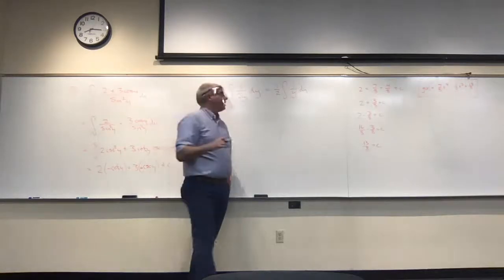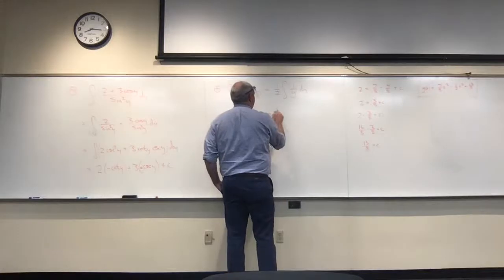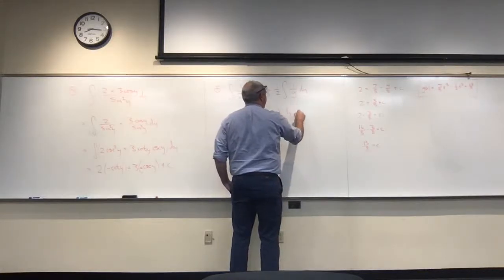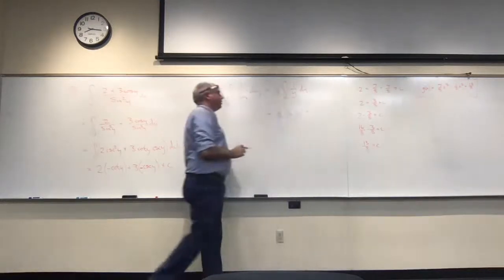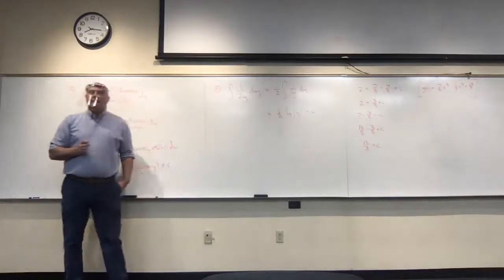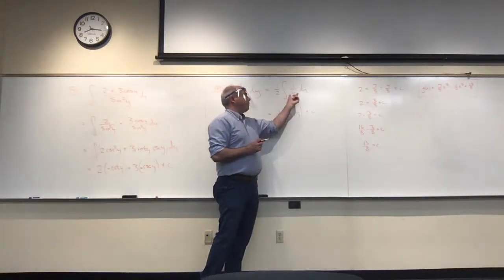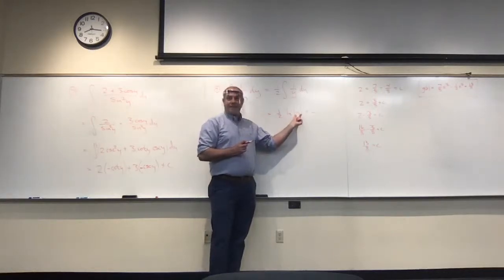ln of y. Yeah, and what we have to do here, though, is be just a little bit careful. It ends up being 1/2 ln of the absolute value of y plus c, not just y. The reason for that is we don't actually know that y is a positive number, and you can't plug negative numbers into ln. Only positive numbers go into ln. So this actually works out.